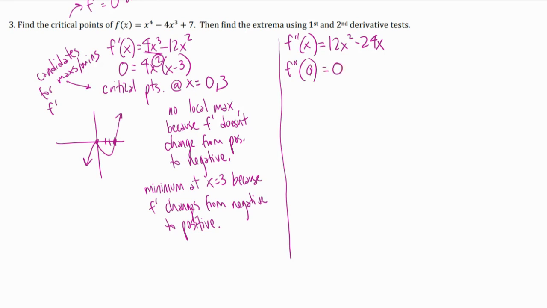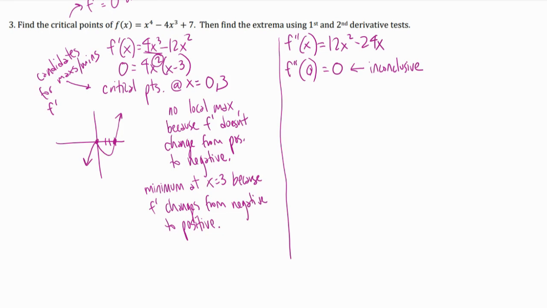And what that tells me is that there is no max or min. Actually, that's not true. I just said there's no max or min, but that's because I know there's no max or min. It's actually inconclusive. So the second derivative test is inconclusive because I got a value of 0.